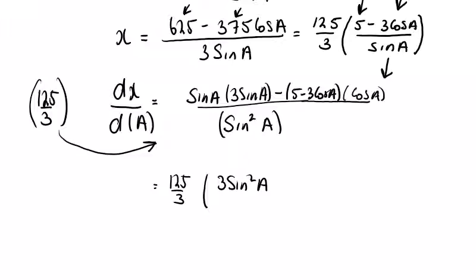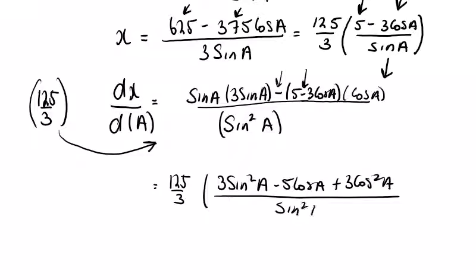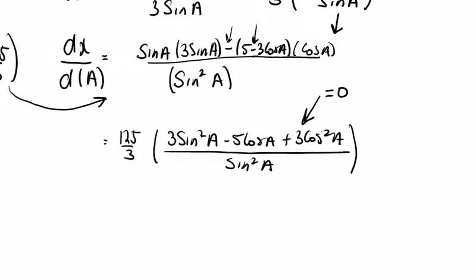I can see I'm going to have a minus 5 cos A. And then I'm going to have a minus and a minus, these ones here, minus plus 3 cos squared A. On top and on the bottom, I'm going to have sine squared A. And for this to be a minimum or a maximum, we're going to have to let this equal 0. So for this whole thing to be equal 0, the top of the fraction has to be equal to 0.